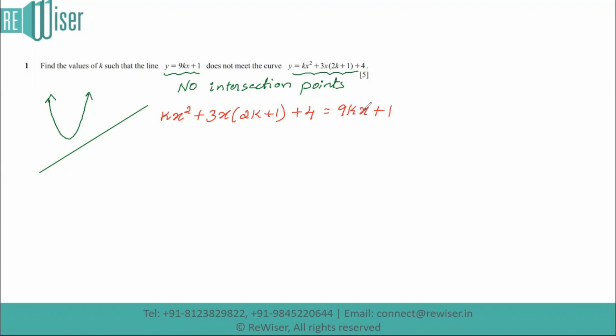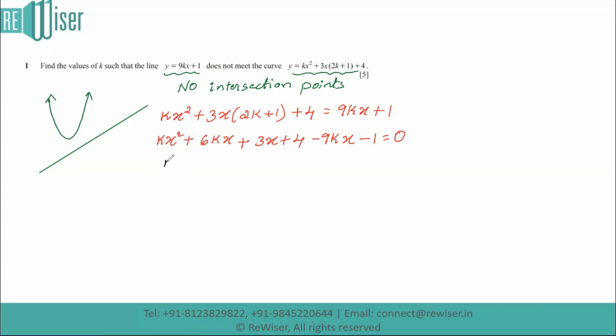Now if I take all these terms to the left-hand side, I get kx² plus, expanding this one, 6kx, and 3x times 1 is just 3x, plus 4. Taking 9kx to the left-hand side, it becomes minus 9kx, and this positive 1 becomes negative 1, and this equals 0.